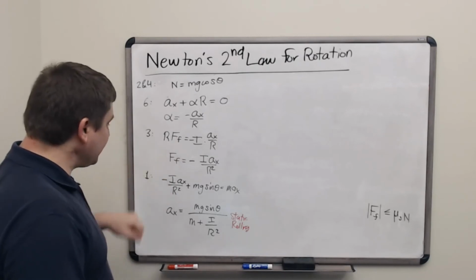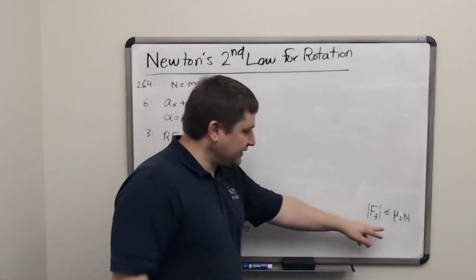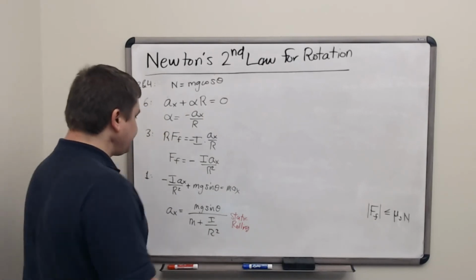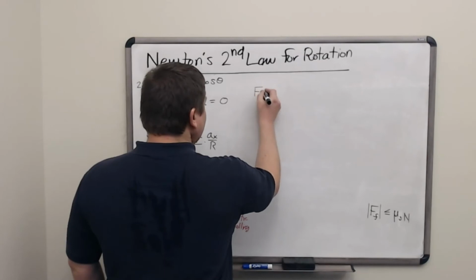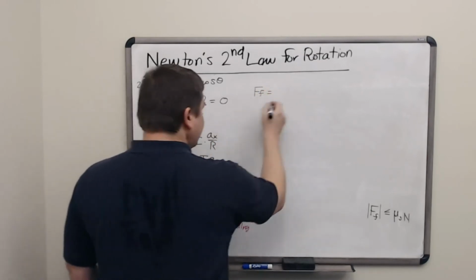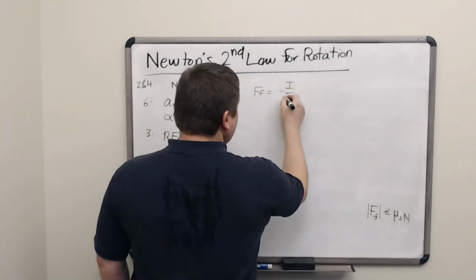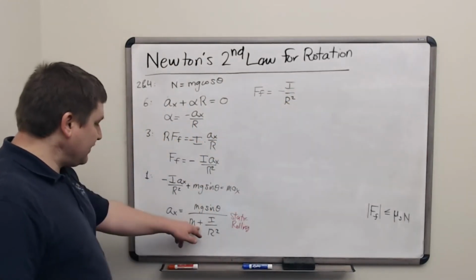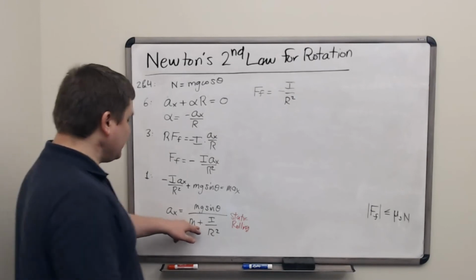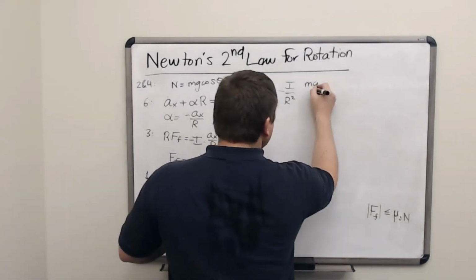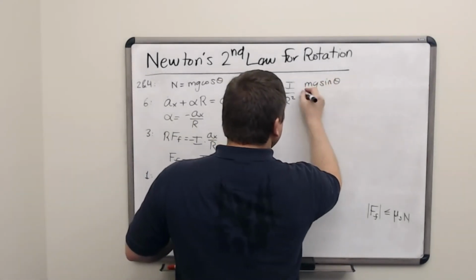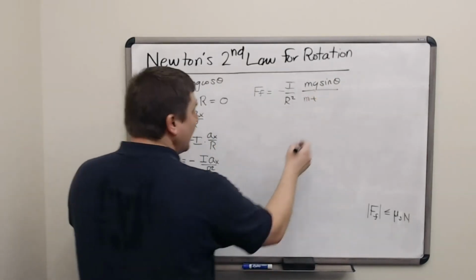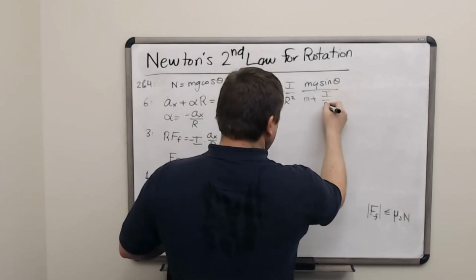It's a static friction in this case, and see if it's actually less than the coefficient of static friction times the normal force. So we had F of F, force of friction, is minus I over r squared times the x component of the acceleration. The x component of the acceleration we solved for down here, so we'll plug that in. mg sine theta divided by m plus I over r squared.